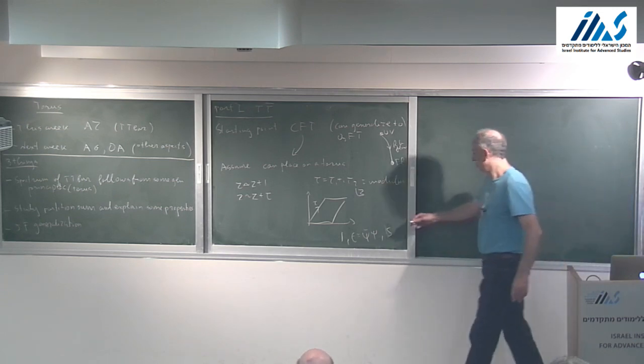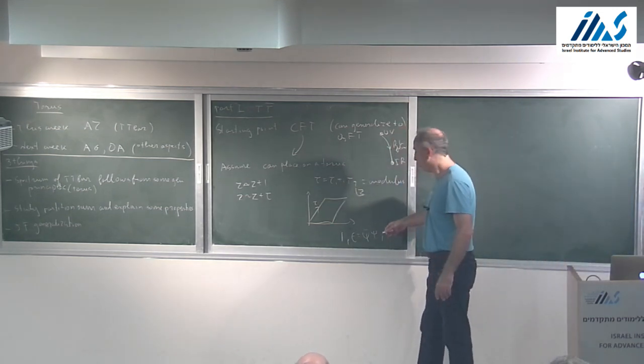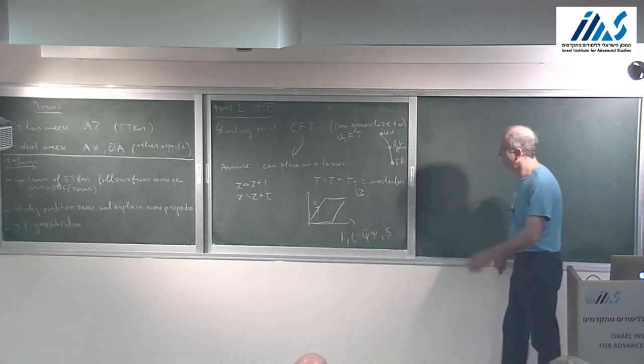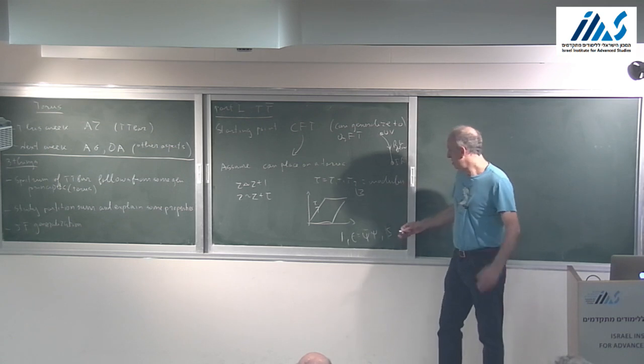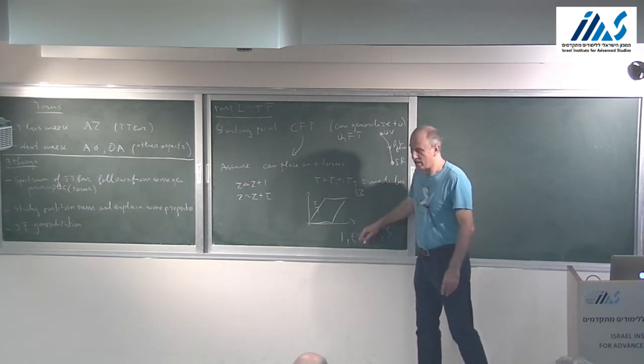But if I want to put this theory on the torus, if I do not include this guy and all of its descendants, I'm going to run into trouble. So the assumption I'm making is that I'm not going to do such things.